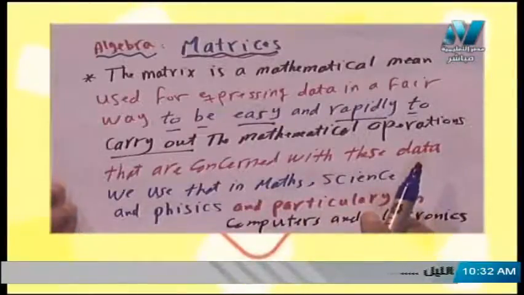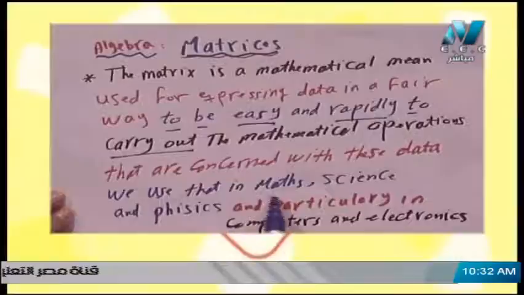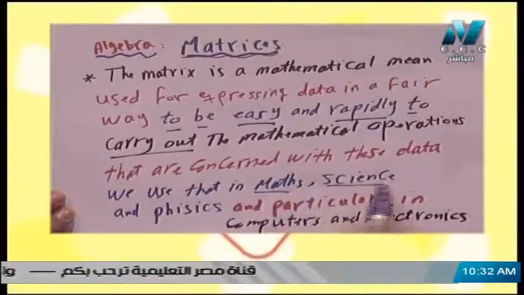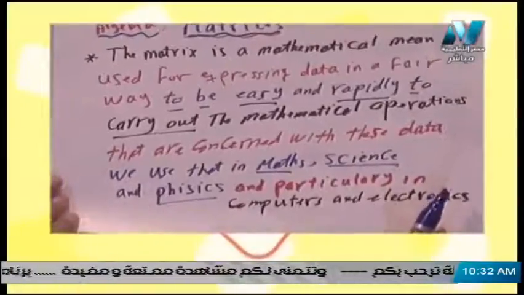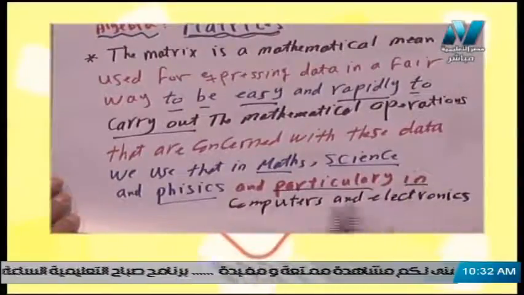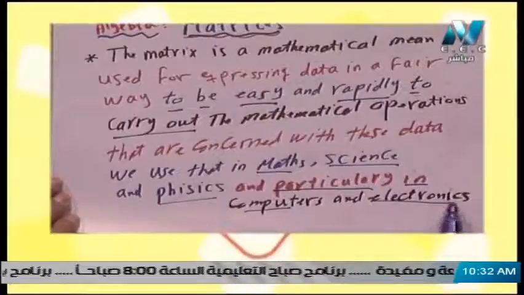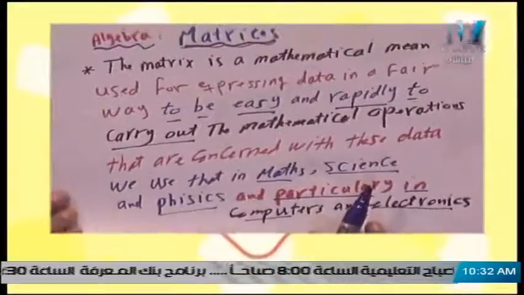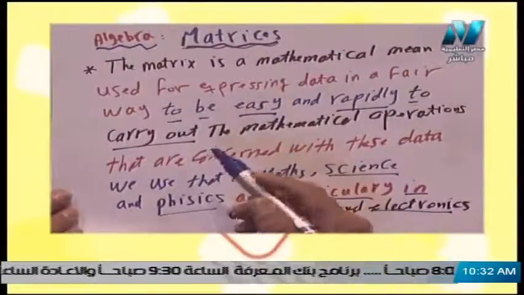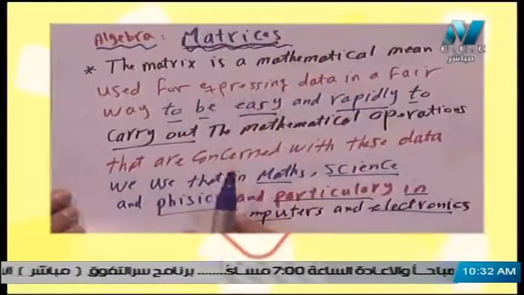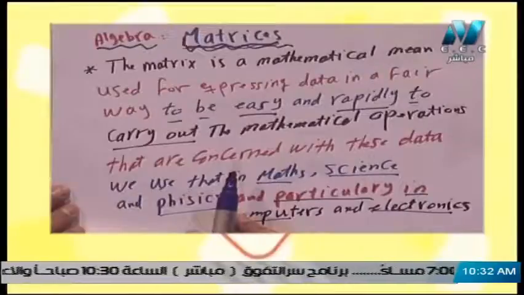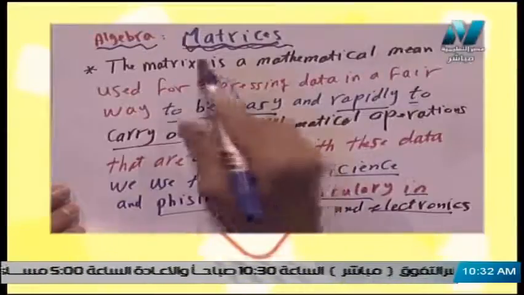We use that in math, science, physics, and particularly in computers and electronics. So, my dear students, we will explain some lessons about matrices. You have a complete unit studying matrices.